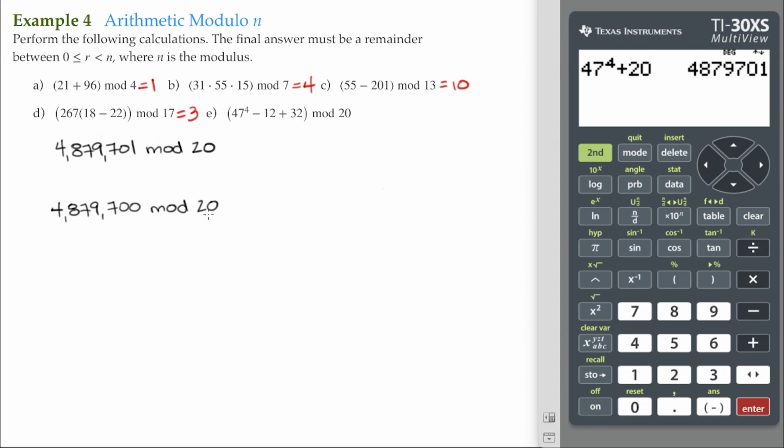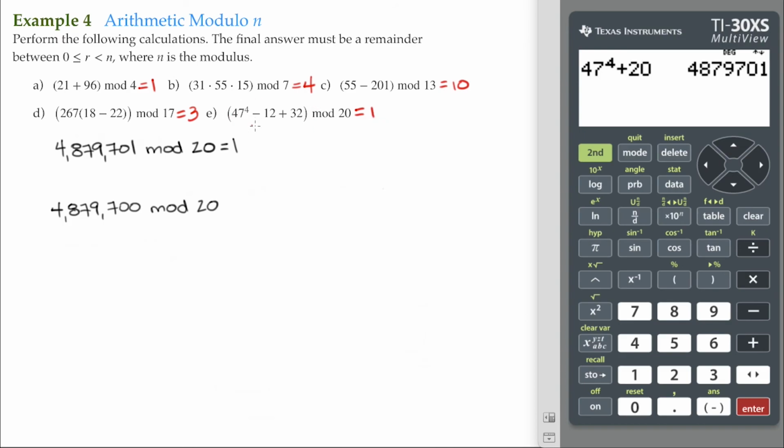Also, 10 goes into 20. I have 2 tens into 20. So if 10 is going into 20 and 10 is going into here, then 20 can go into here evenly. So 4,879,700 mod 20 is going to have a remainder of 0. So if this has a remainder of 0, then 4,879,701 will have a remainder of 1. So this is going to be equal to 1.